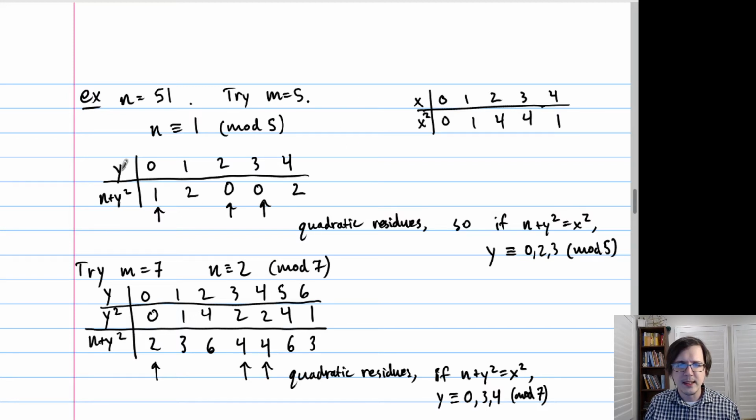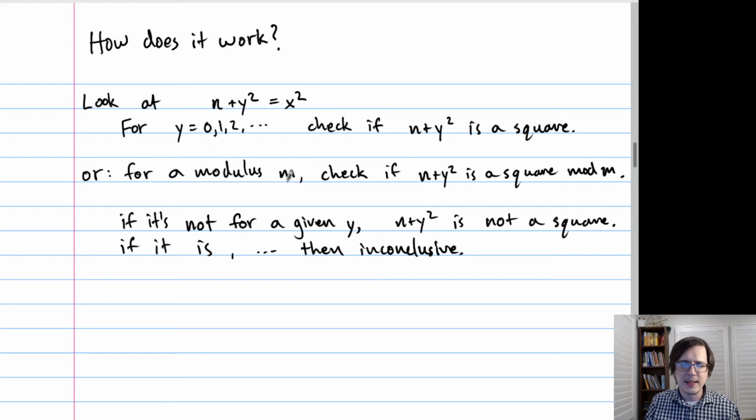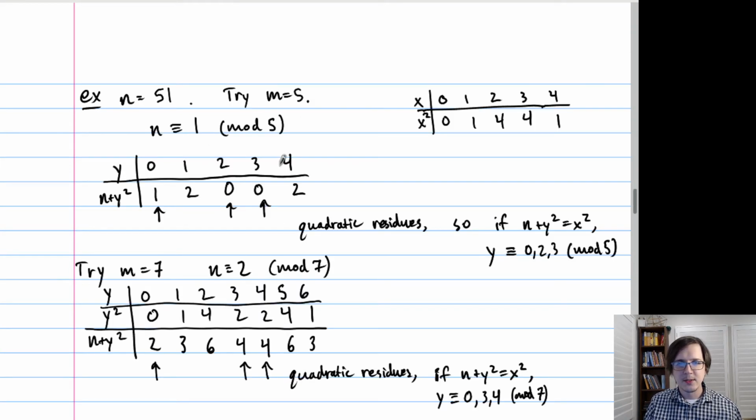The key point here is because it's modulo, that means that this whole thing just keeps looping around. And it's going to literally be looping around as a chain around a sprocket. So mod 5, we just have to check 0 through 4. And so we calculate n plus y squared mod 5 for each of these.